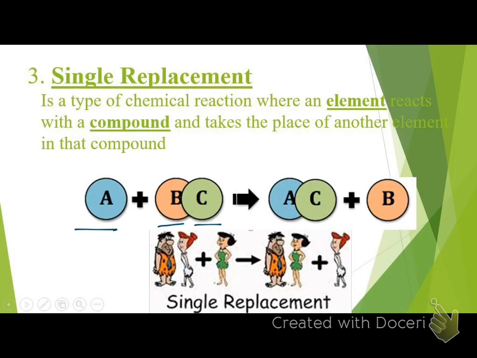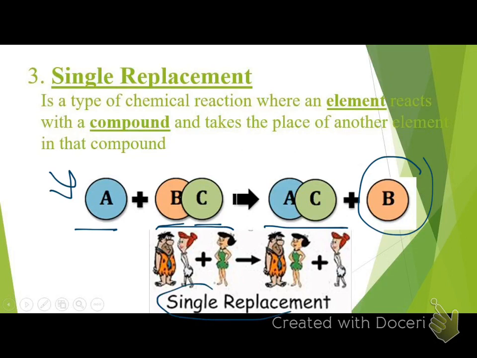A has booted which one out? And now B's by itself. One single thing has replaced one of the double things, and that's why we call it a single replacement. Once again, you're going to have to look at one of these equations and say, that is single replacement.